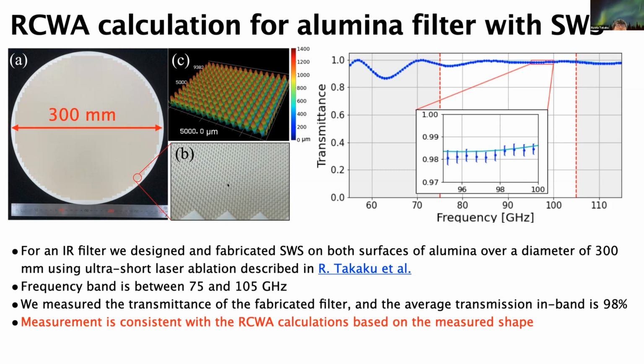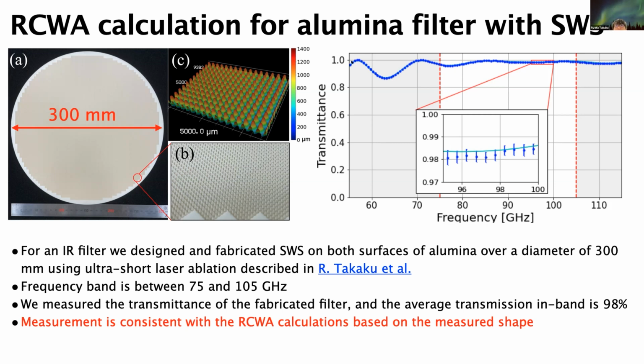This structure is fabricated using ultrashort pulse laser ablation, and you can also find the details in my paper. This alumina filter targets the frequency band between 75 and 105 gigahertz, and it is used as an IR filter.